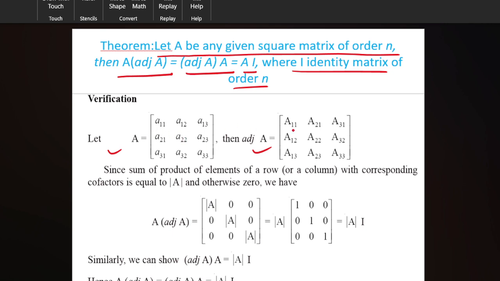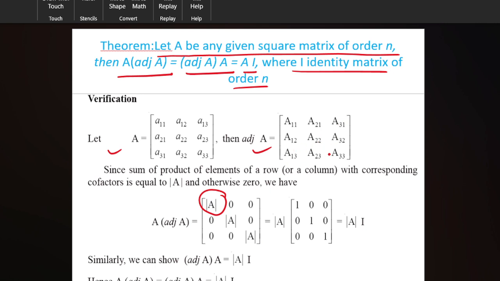This is the adjoint of A. If you multiply, first row, first column will give you the determinant of A. Then first row, second column will give you 0, because you are multiplying the first row elements with the second row cofactors, which will be 0.